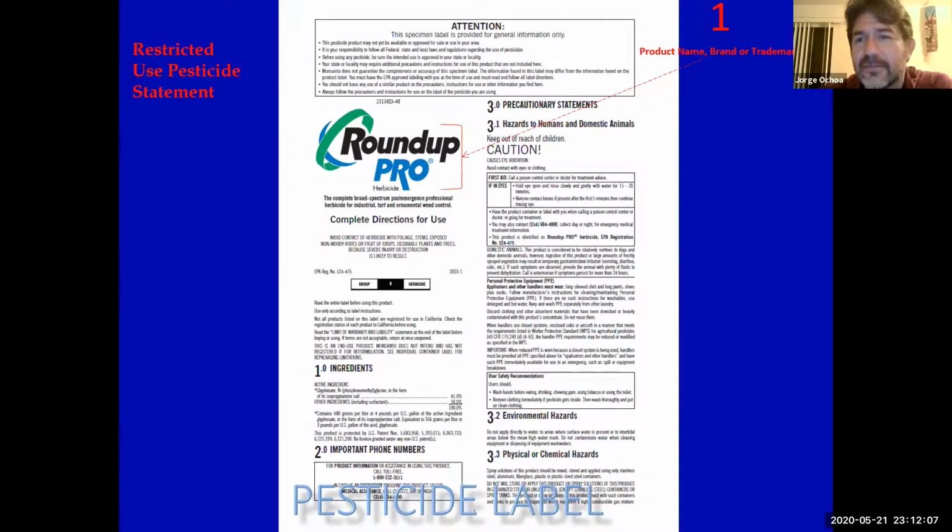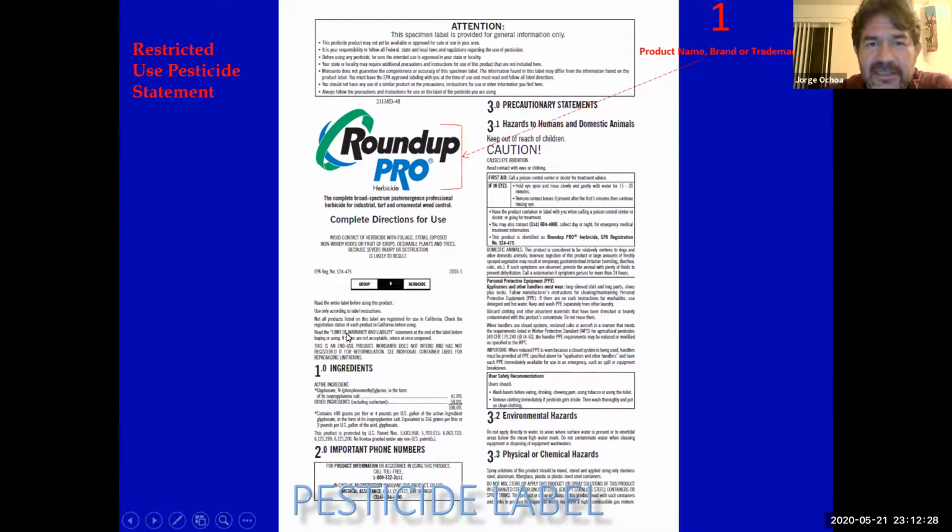That would be fumitoxins if it's still allowed here in California. But be aware where the label and the brand and the trademark is located. Some of the labels may be a little bit different. Things might change a little, but all this information should be found within each and every single label.